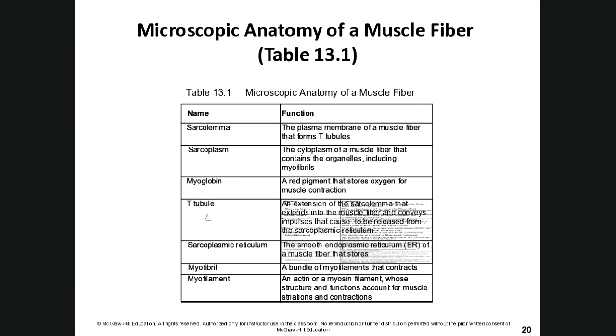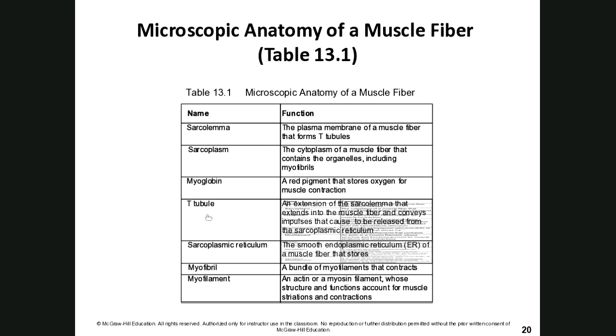When the impulse comes through, it's going to cause the release of calcium ions through strategic places throughout the muscle fiber. So the T tubule is kind of like a roadway, if you will, for some of the molecules that need to be released in order for contraction to take place. The calcium is released from the structure called the sarcoplasmic reticulum. It's a smooth endoplasmic reticulum of a muscle fiber, and its whole job is to store calcium.